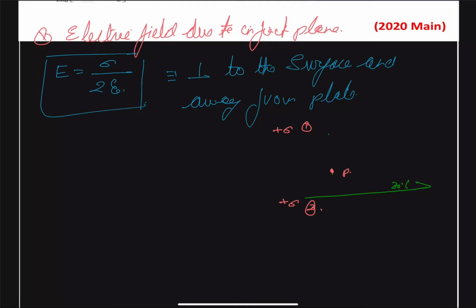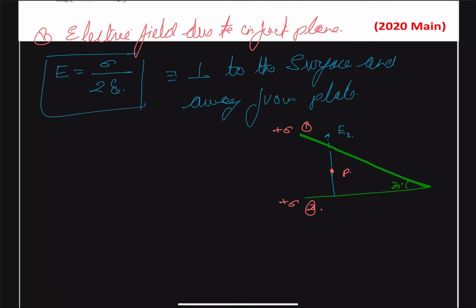It is perpendicular and its direction will be away. So let us suppose this is our E2 for sheet 2, and for sheet 1 let us draw a perpendicular.